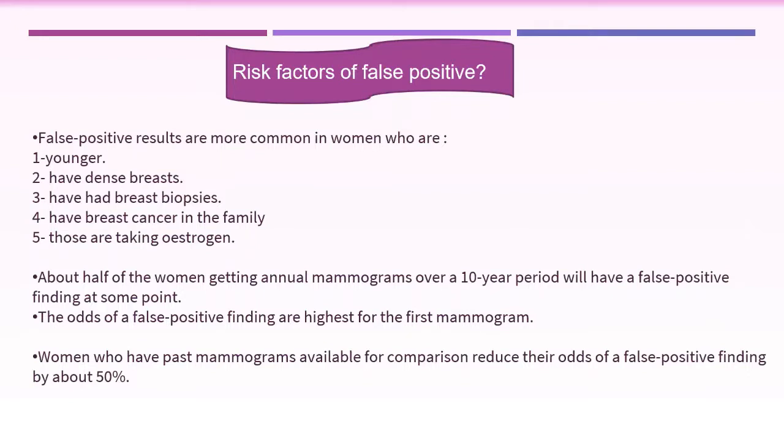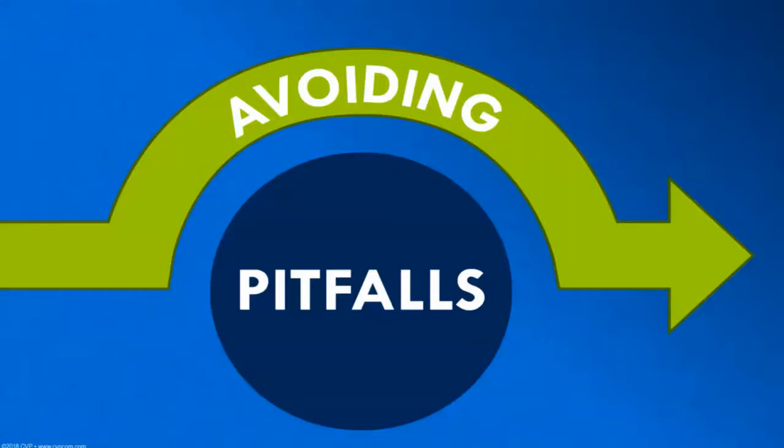And the false positive findings are highest for the first mammogram. However, those who have previous mammograms will have reduced false positives by comparative study, and it was found to be reduced by up to 50%. Okay, if we would like to avoid something, definitely we need to understand it.